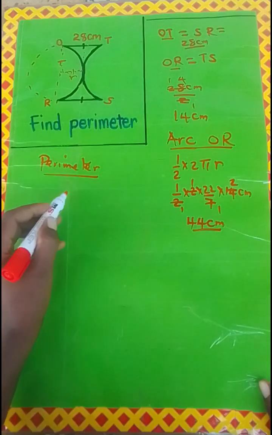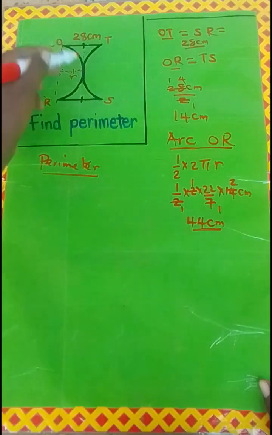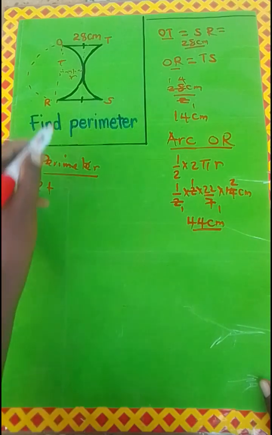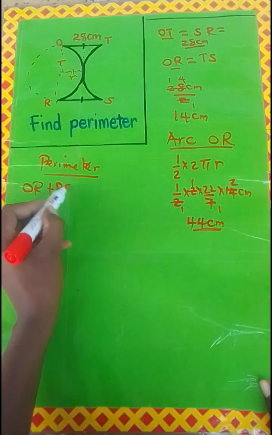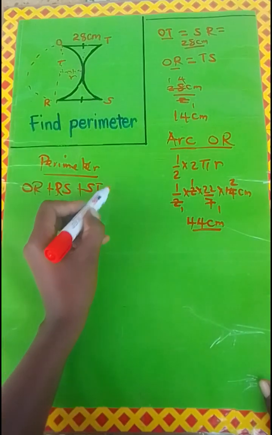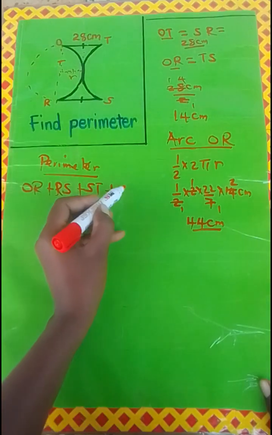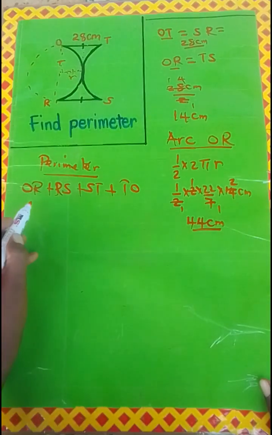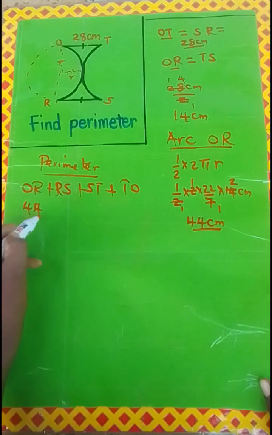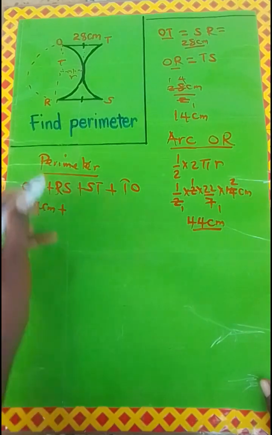Now, our perimeter will be OR plus RS plus ST plus TO, whereby our OR, we have got, is 44 centimeters.